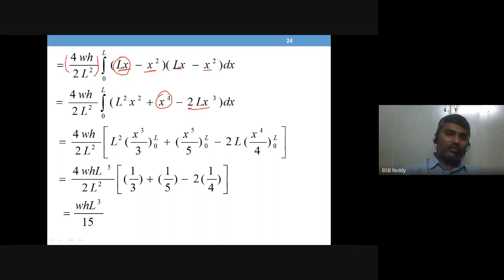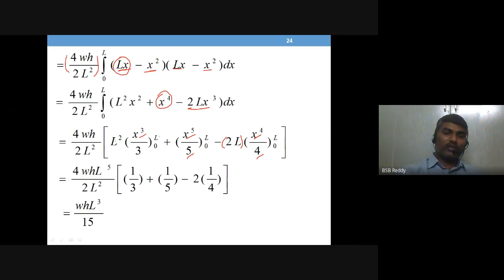So L square x square integration is x cube by 3, limits 0 to L. Okay. x power 4 integration is x power 5 by 5, 0 to L. 2L is constant. x cube integration is x power 4 by 4, 0 to L.